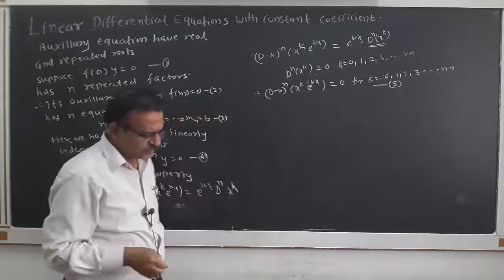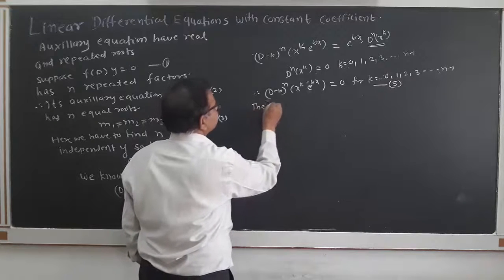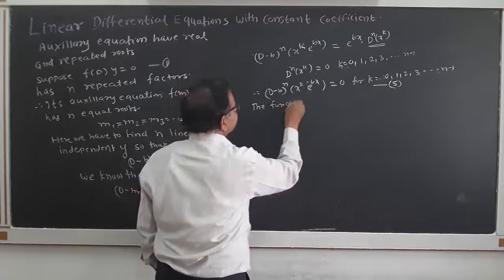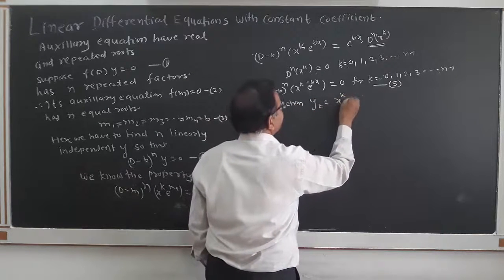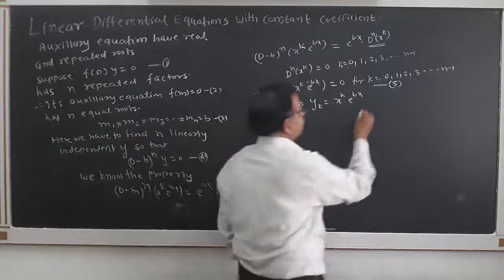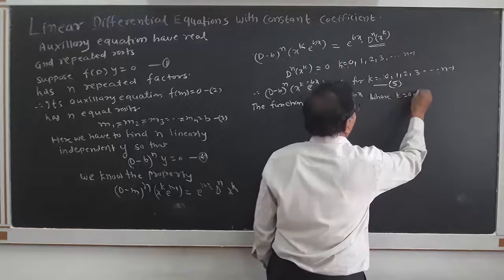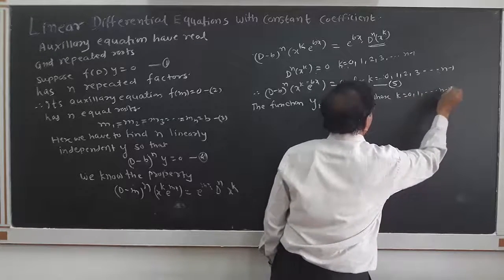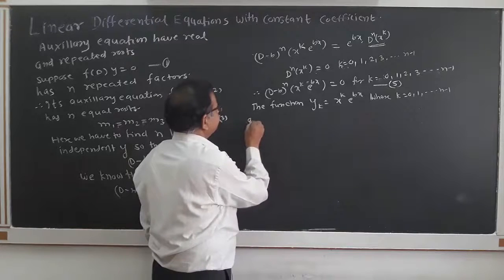Now, the functions yk equal to x raised to k e raised to bx, where k equal to 0, 1 to n minus 1, are linearly independent.